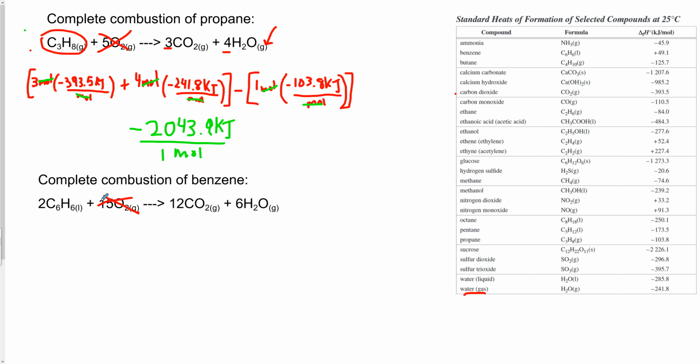So we do the energy of the products. So that's 12 moles, because there's a 12 in front of CO2. We go find CO2. That's minus 393.5 kilojoules per mole.